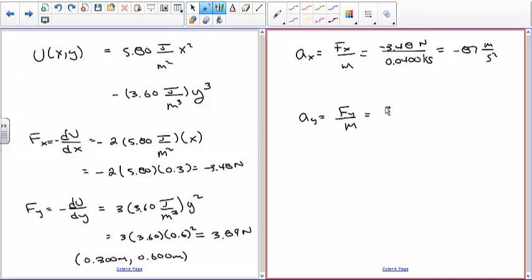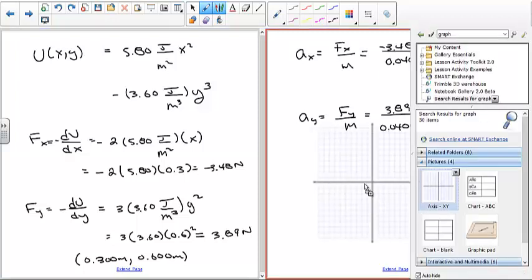And here I get 97 meters per second squared. Now what they're asking for is the total acceleration, so we have to put this together as a vector.